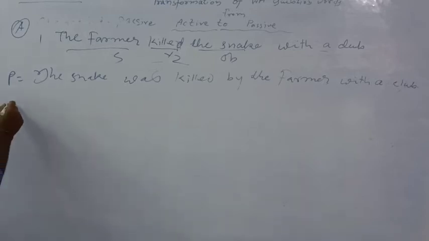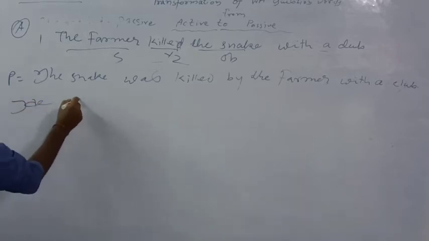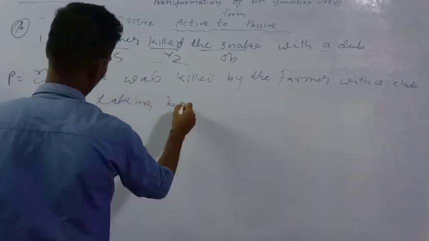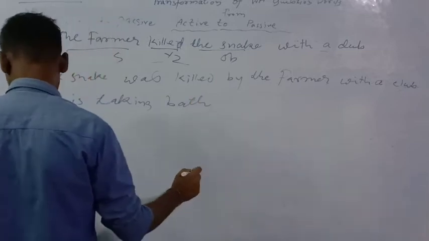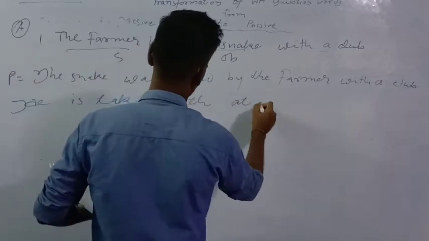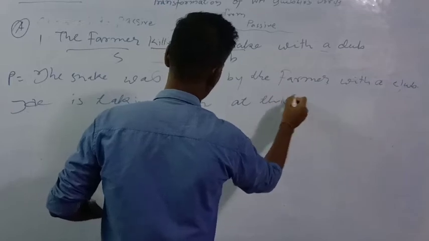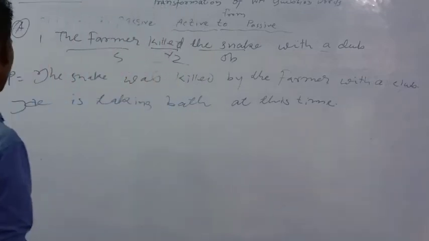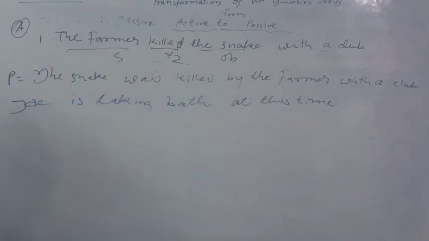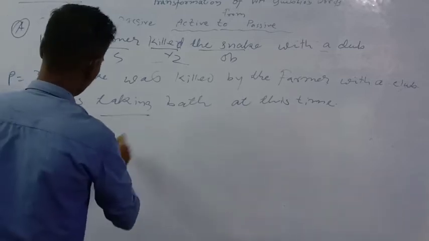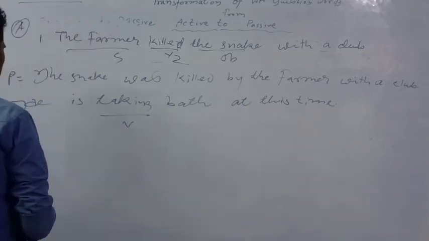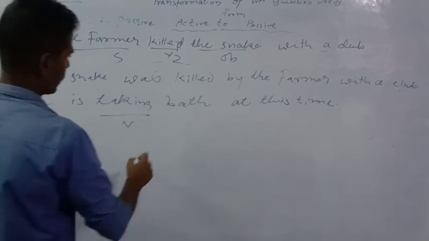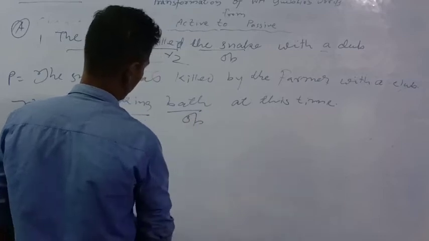Okay, next see, he is taking bat at this time. Question number 2. So taking is the verb, he is the subject. We are speaking about he. What taking? Bat is the object.